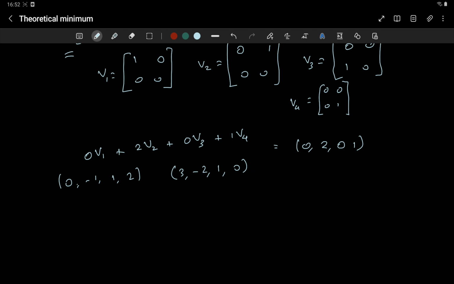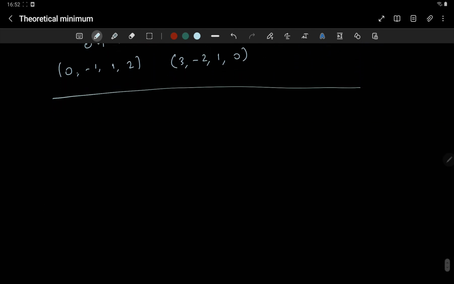So now this is an exercise. You have a vector 2 plus 7x plus x square, which belongs to P2 space. Now the basis vectors are 1 plus x plus x square, 1 plus x square, and 1 plus x.